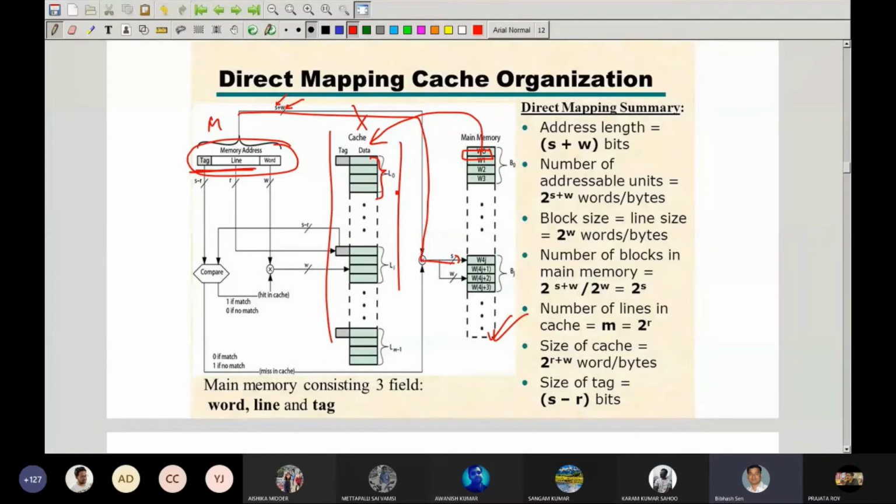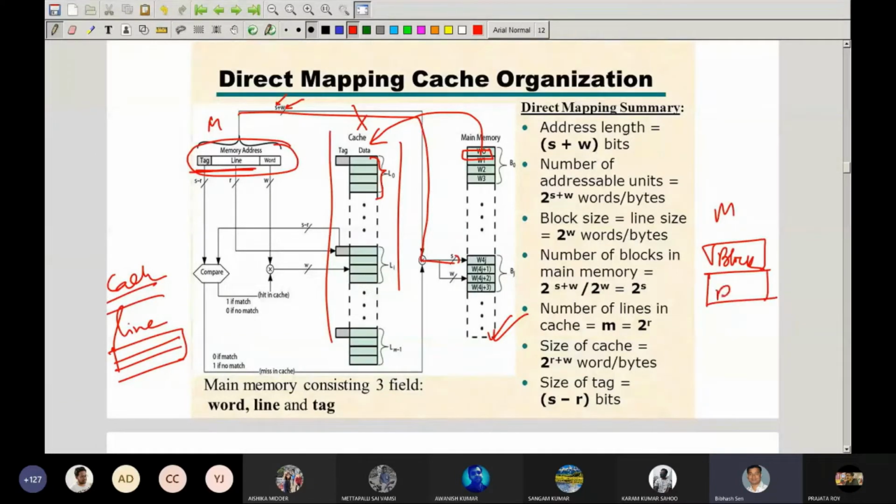Sorry, cache line. One thing I have skipped in this portion. Just for the time being, I am telling you, in the cache part, we will call it a line, and in the main memory, we will call it a block. Is it clear? In the cache part, we will call an individual location a line, and in main memory we will call an individual location a block.